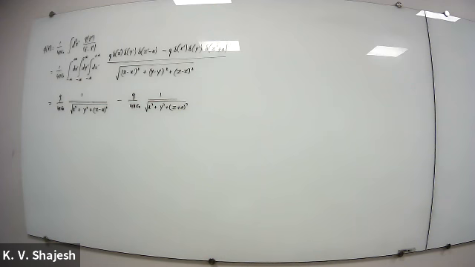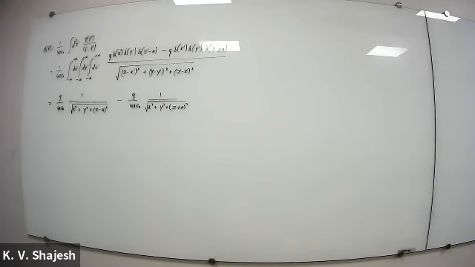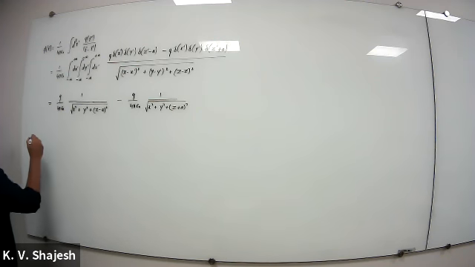Okay, so that's good enough. But now we want to make the approximation that a is actually small. So let's go for the approximation that our observation point, which is really far away, is much farther than the distance between the two charges.